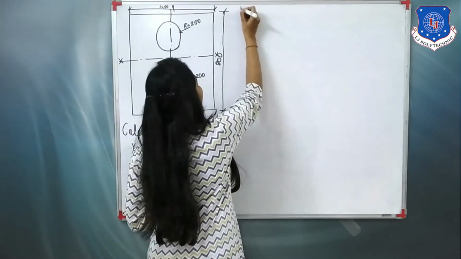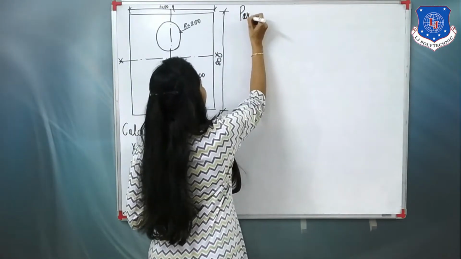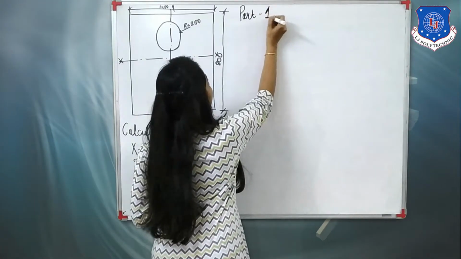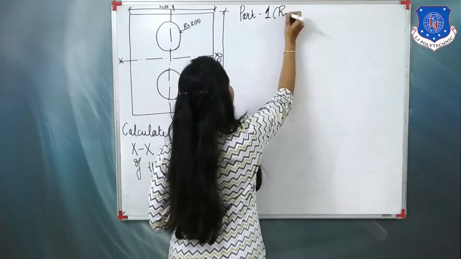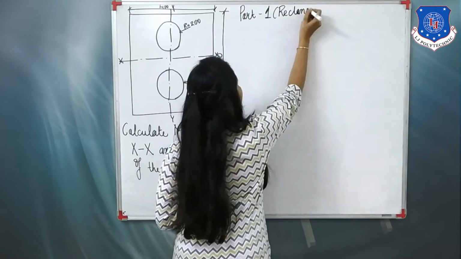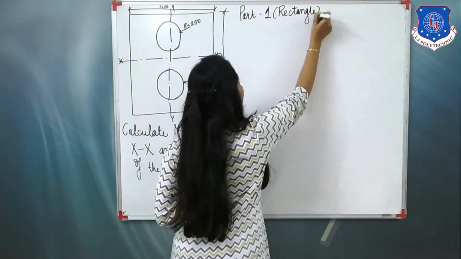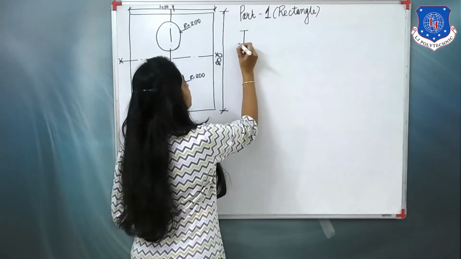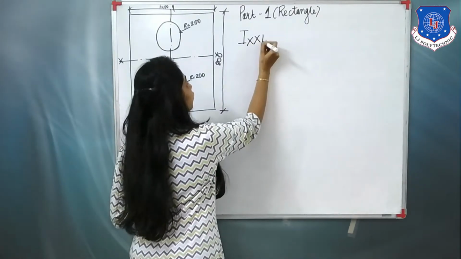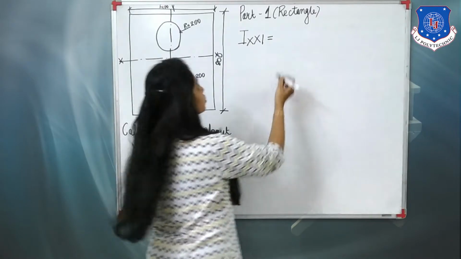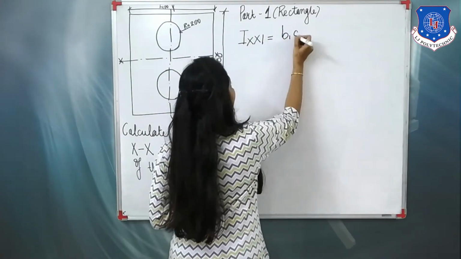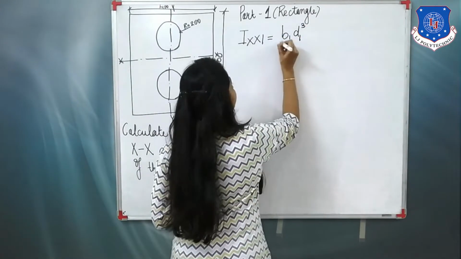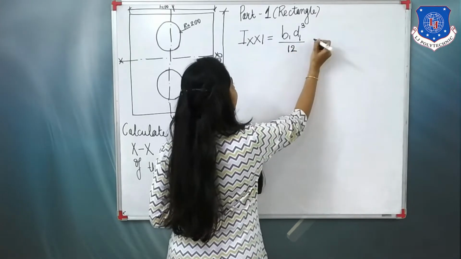So the first part will be our rectangle. For the rectangle, I will use the formula Ixx1 equals B1 D1 cube upon 12.